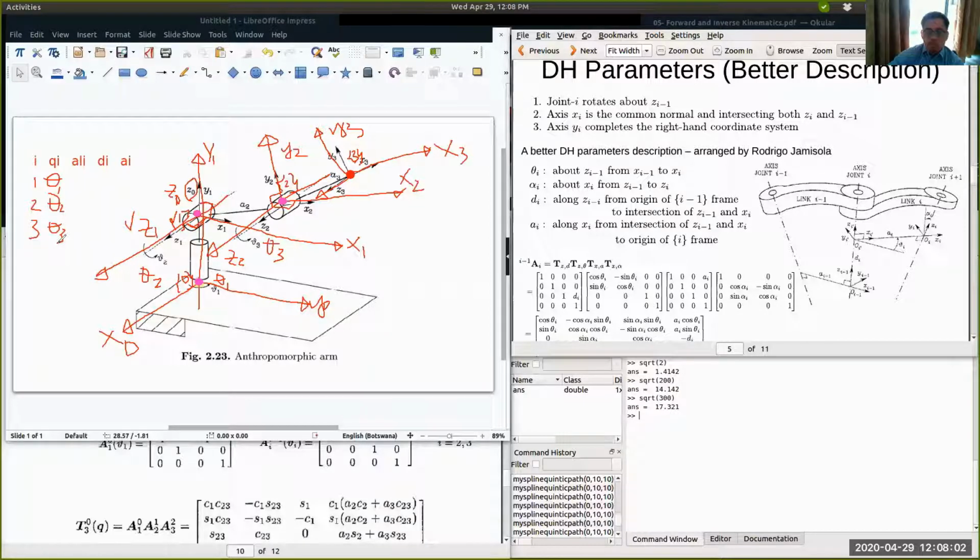Theta i, let's just go through the convention. About Z0, that's Z0, and theta 1 goes around that direction.